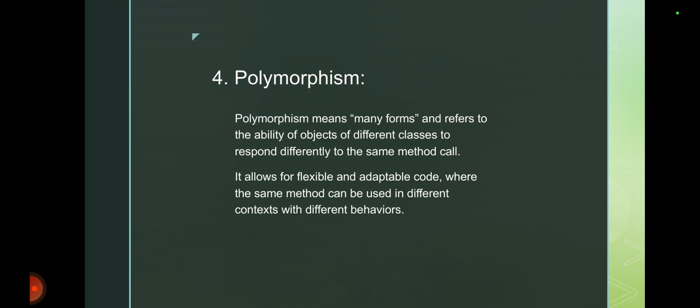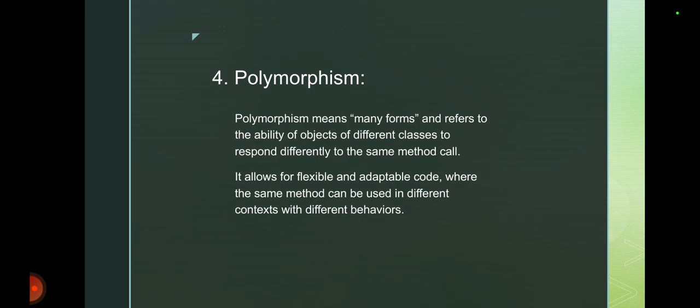The word polymorphism came from the Greek words poly, meaning many, and morphs, meaning forms. Thus polymorphism represents the ability to assume several different forms in programming. If any object or method is exhibiting different behavior in different contexts, it is called polymorphic in nature.